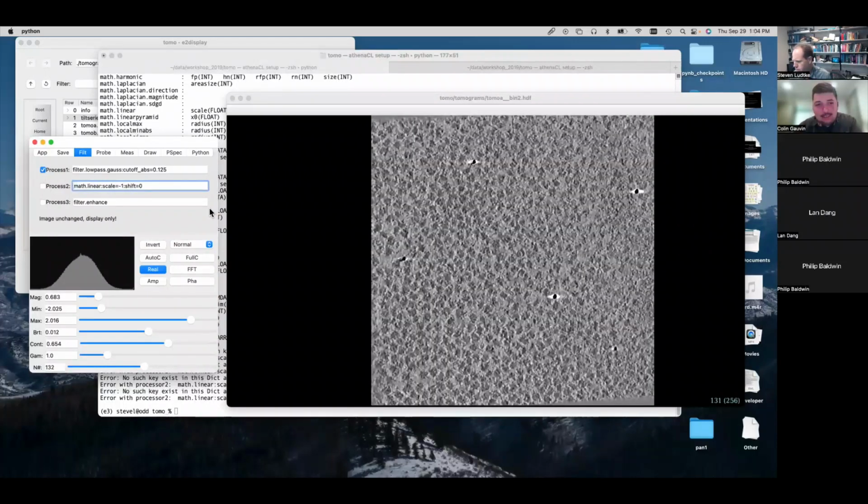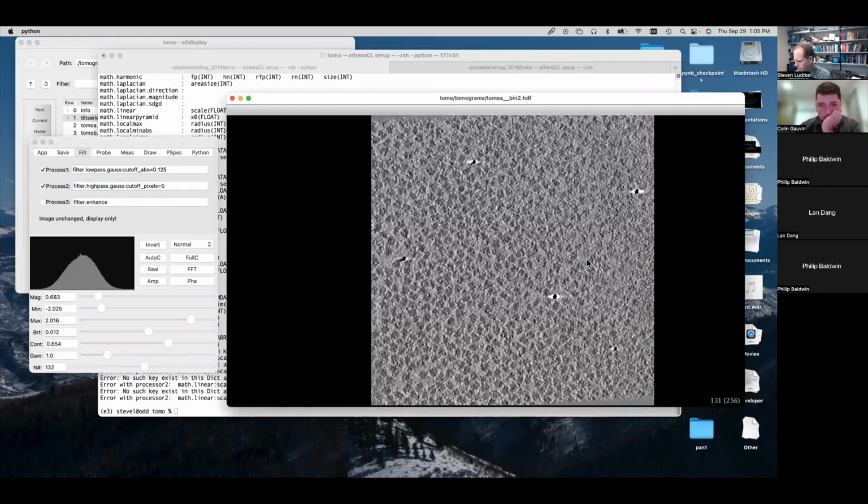Certainly, you can do a low pass filter, right? That's what I was suggesting with doing a low pass. High pass filter, just to smooth it out a little bit.